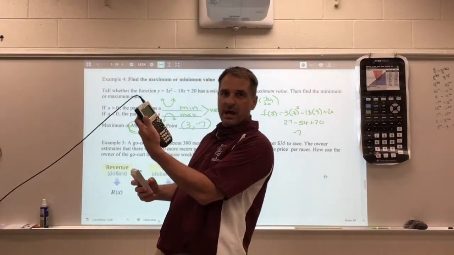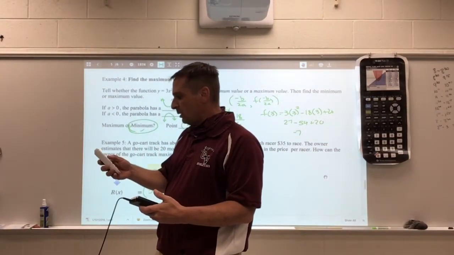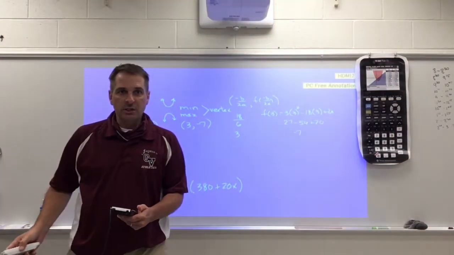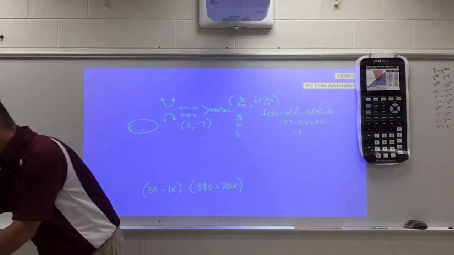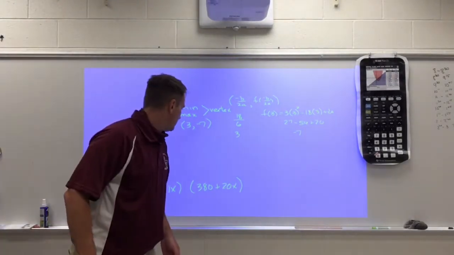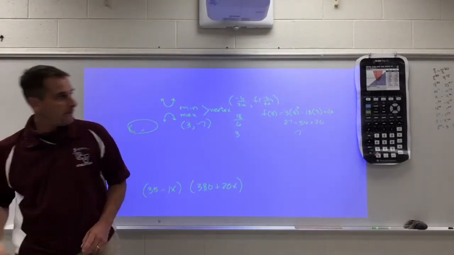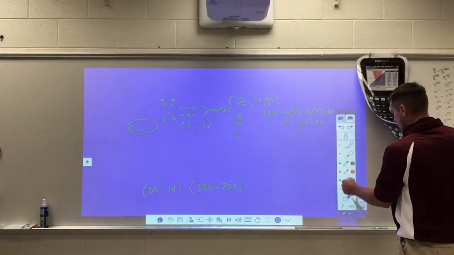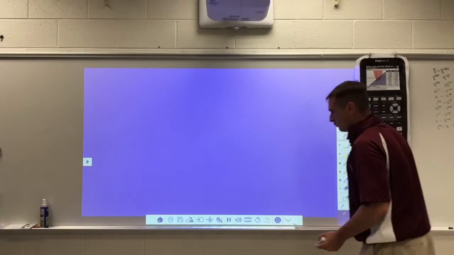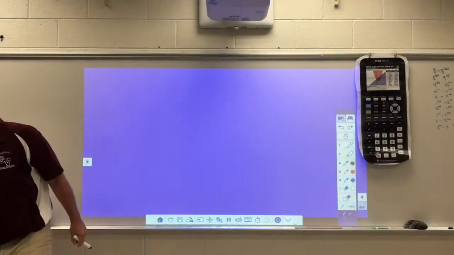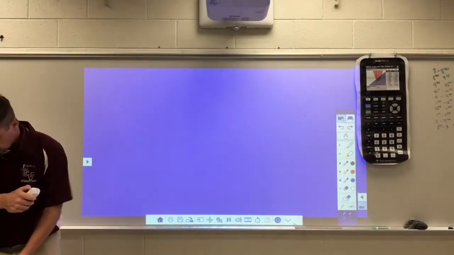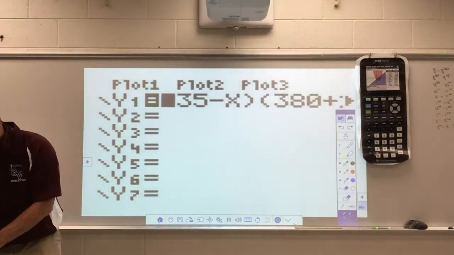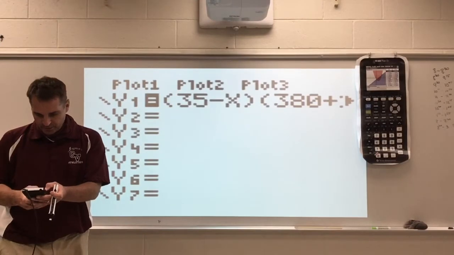I'm tethered here. I'm going to hit HDMI, and you're going to be able to see my calculator screen. I've got to erase this other stuff. Awesome. Okay, I'm just going to start from the home screen here.